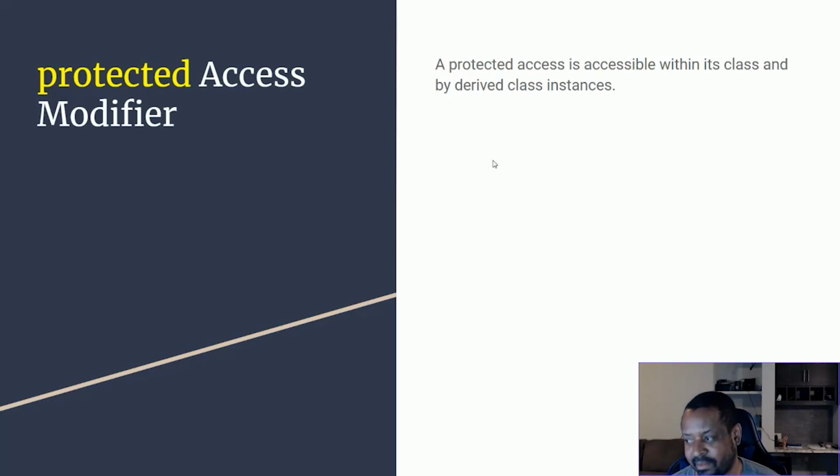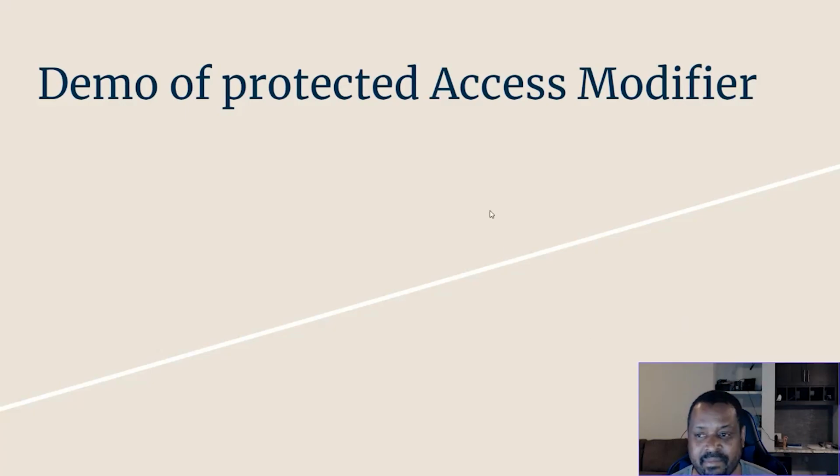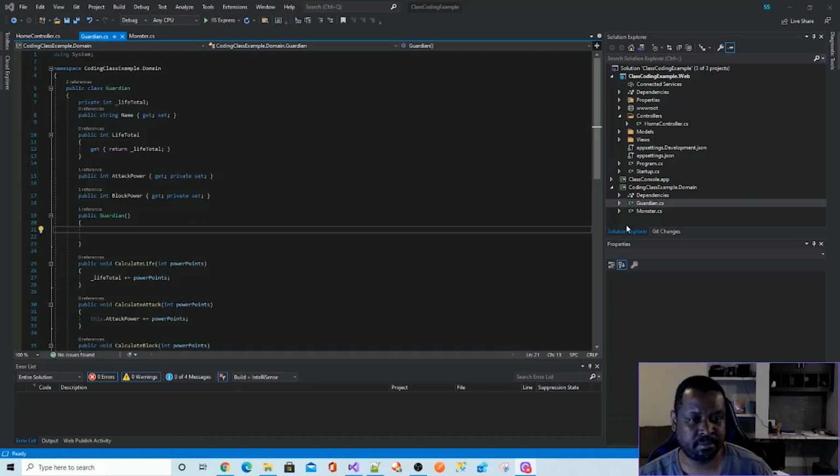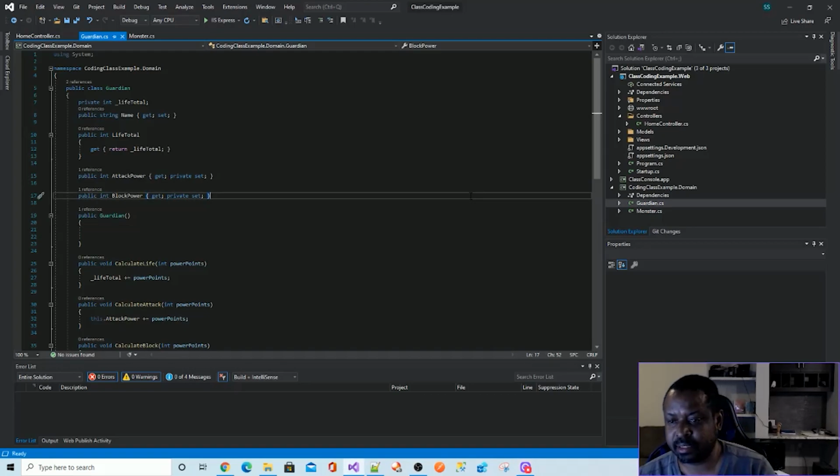All right, so explain what that means. But this is just going to be the trend of it. Each one of these modifiers has its particular definition. We're going to talk about it, and then we're going to simply demo it. All right, here we go. Let's go ahead and demo protected.